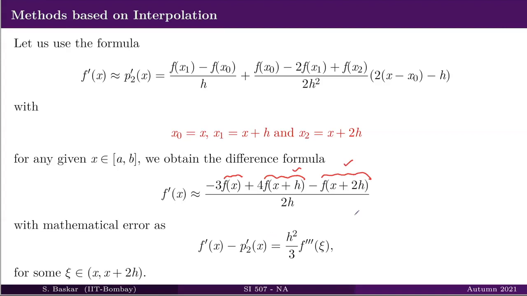Certain terms will get cancelled and you will finally have the remainder term coming out to be like this. We will do this exercise in one of these formulas so that the idea is more clear. Of course, we have done it for forward difference and central difference for two nodes. We will also do the same exercise for some other case to illustrate how to get the mathematical error for any such finite difference formulas.